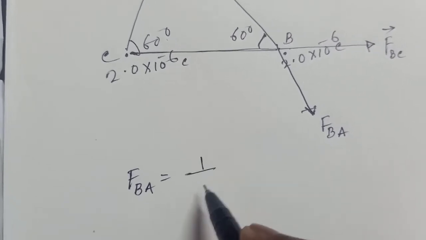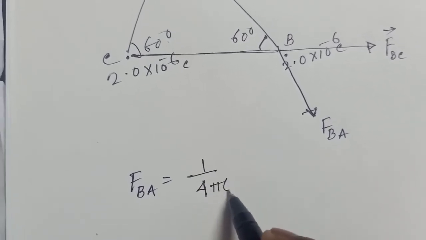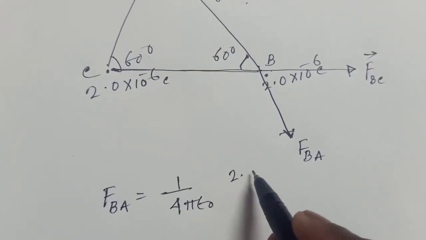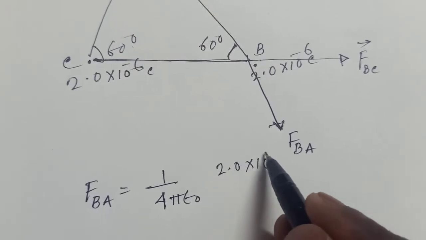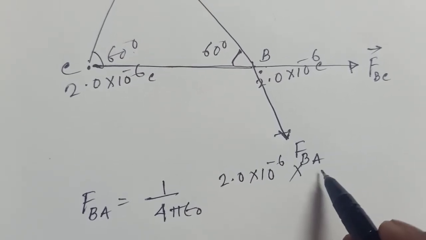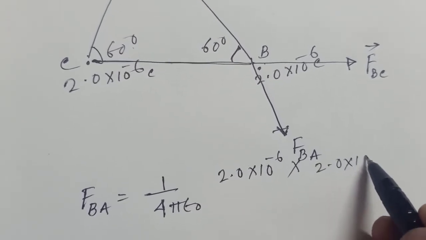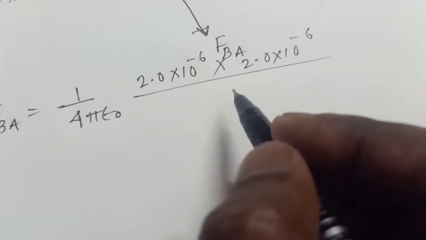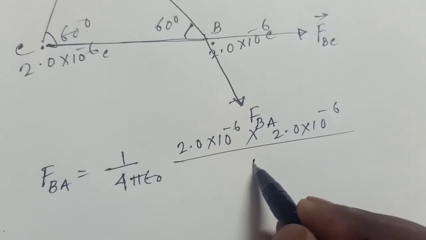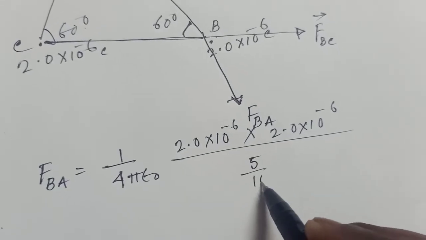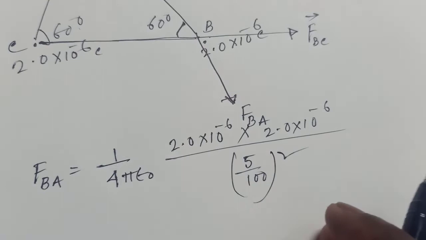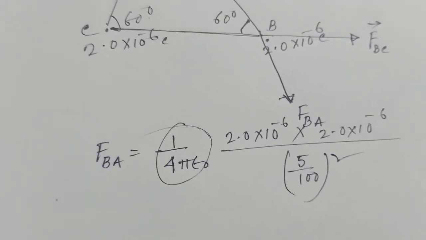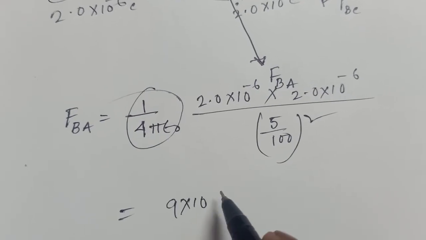the force is 1 by 4 pi epsilon naught into Q1 Q2, that is 2.0 into 10 to the power minus 6 into 2.0 into 10 to the power minus 6, divided by r square, that is 5 centimeters, so 5 by 100 whole square. The value of 1 by 4 pi epsilon naught is 9 into 10 to the power 9.